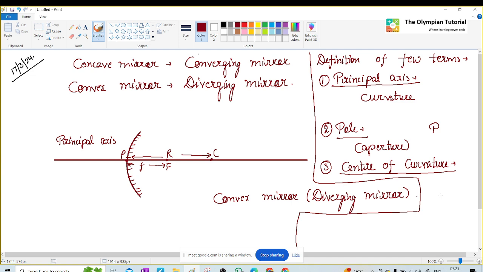This point is called the center of curvature of the spherical mirror. It is represented by the letter C.